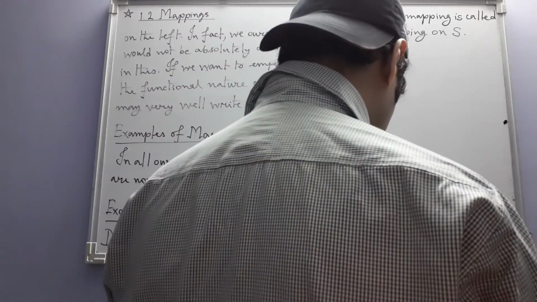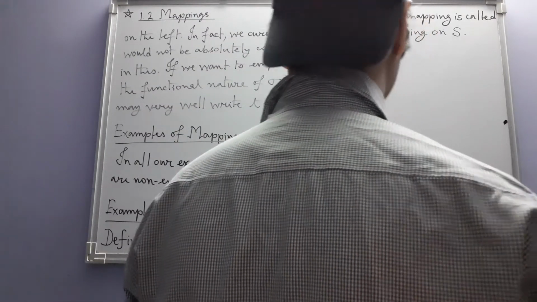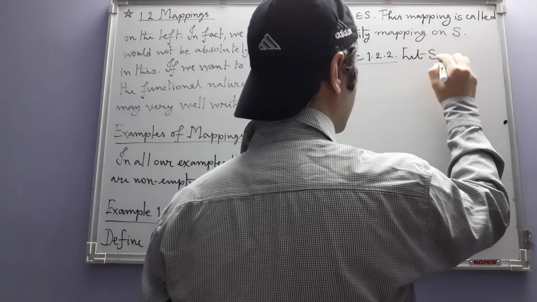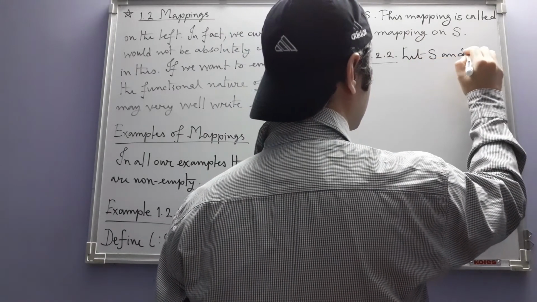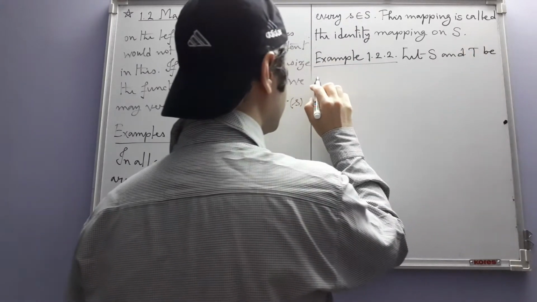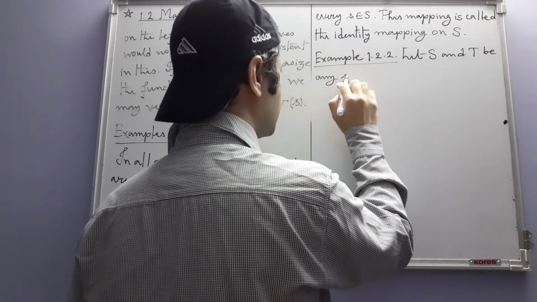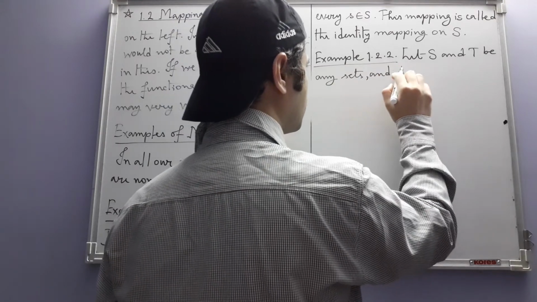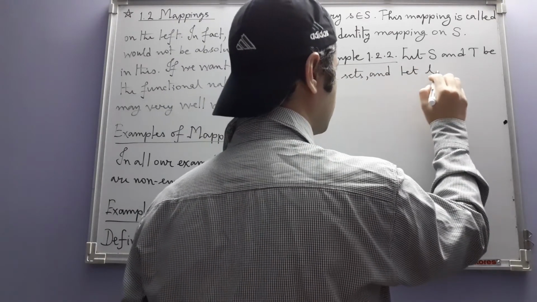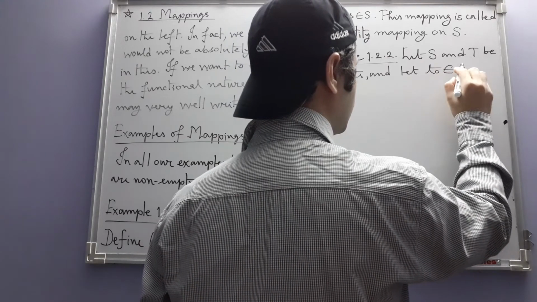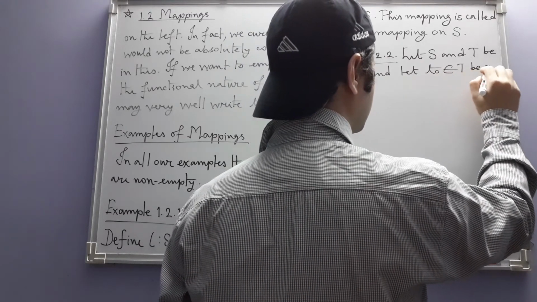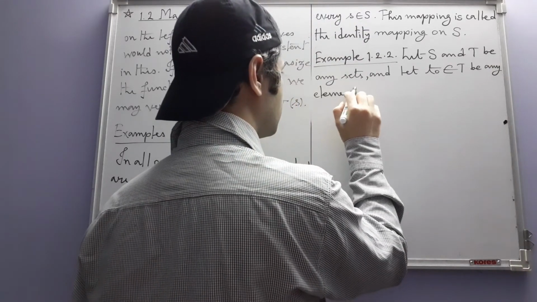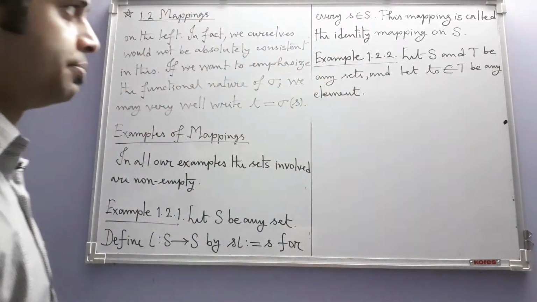Okay, so for the next example, that is the constant one. Okay, let S and T be any sets and let t naught belonging to T be any element.